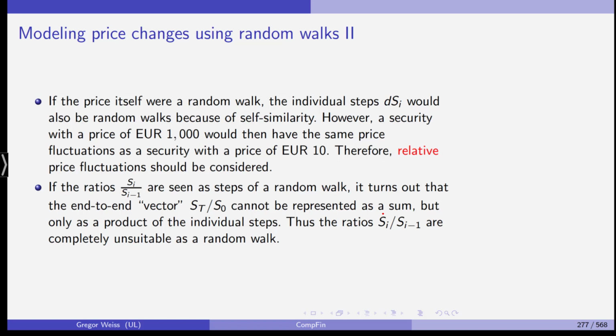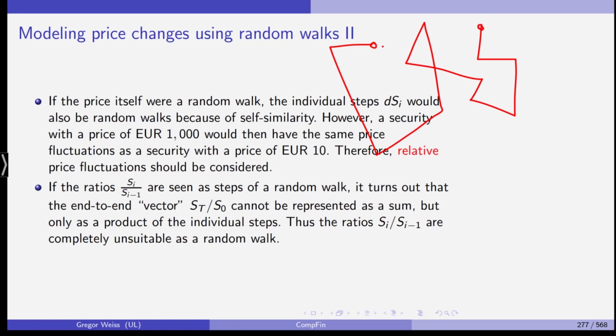However, we've seen that the end-to-end vector must be the sum of the individual step vectors. So if you add up all these vectors, you should get the end-to-end vector. This cannot be done if you're using discrete returns. Thus, these ratios Si divided by Si minus 1 are completely unsuitable as a model for a random walk.